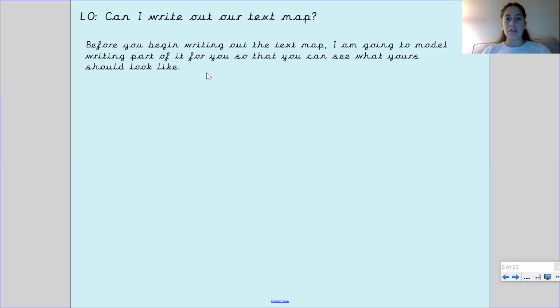So I'm going to start off by doing some parts of the text map with you. Can you look very closely to see whether I make any mistakes or not?